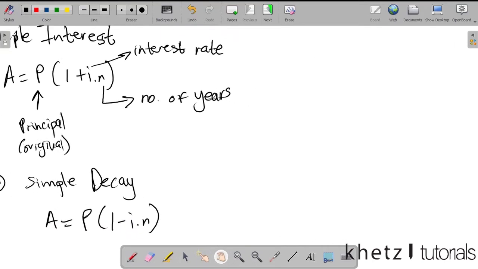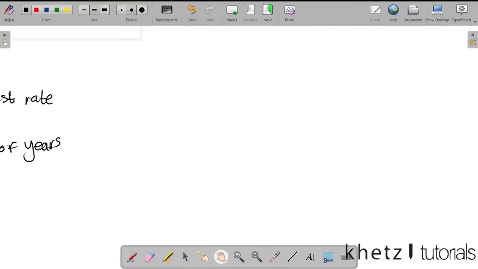We can now talk about compound interest. This is where we involve exponents, and that is where the term compound, or the action of compounding, comes from.